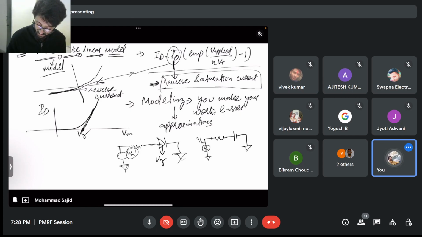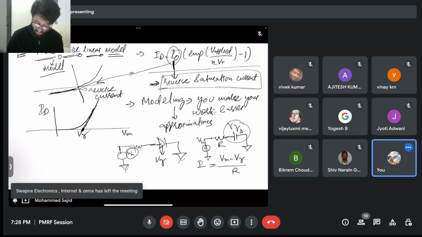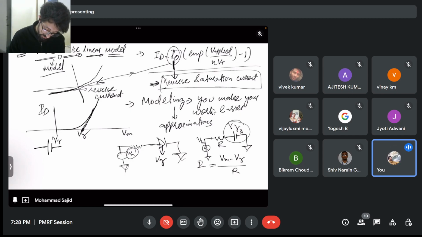So you will have V in, V gamma. This is equivalent to V in minus V gamma by R, which will be equivalent to your I. So if you use the piecewise linear model, in the ideal case you will replace the diode with simply V gamma, or if it is a realistic case, you will add some resistance as well, because you cannot have any component without resistance.